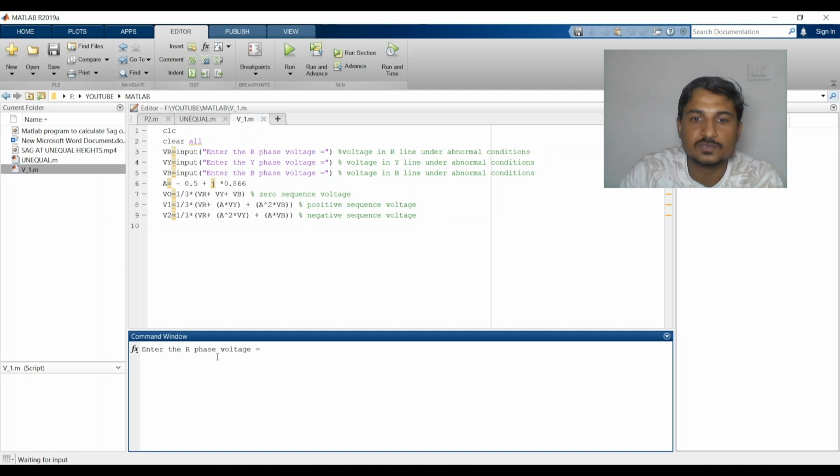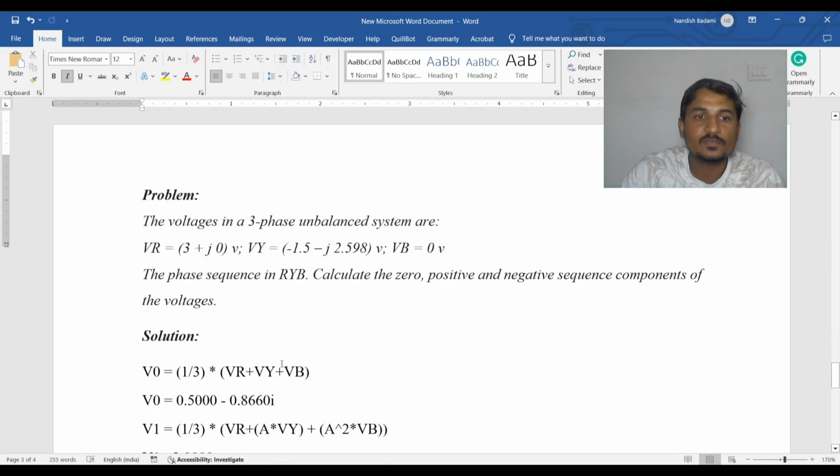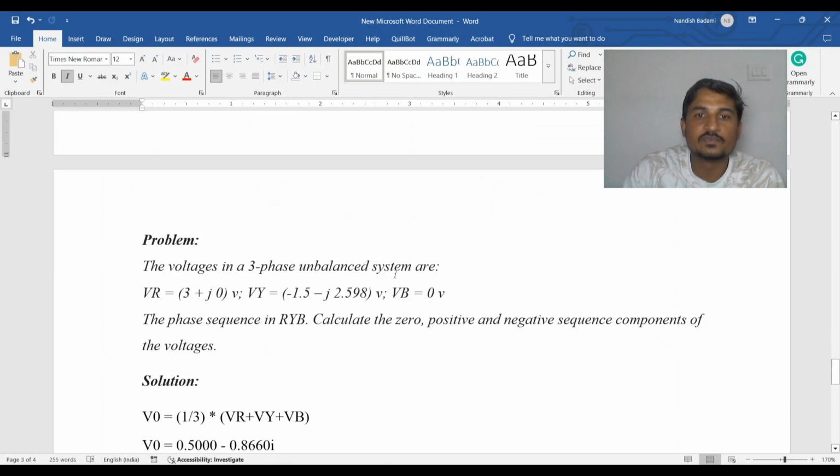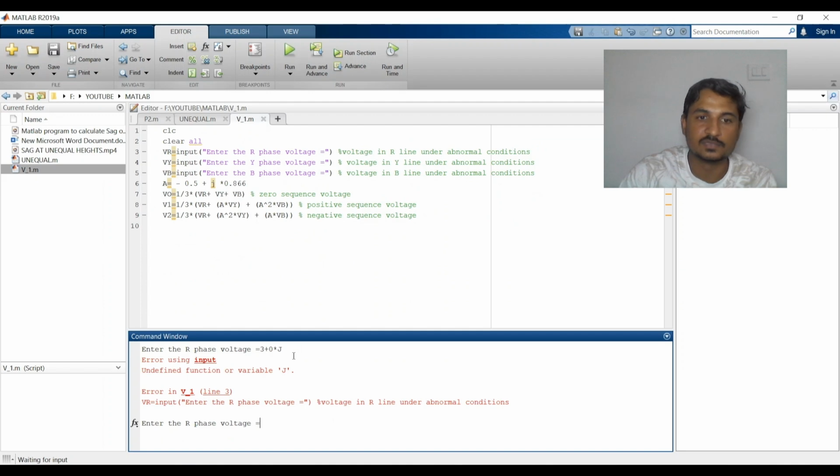Enter the R phase voltage. To enter the R phase voltage, we need some values. So let us consider a problem where the voltage in a three-phase unbalanced system, VR, is 3 plus j0. Let us type 3 plus 0j. The j value we should keep as a small letter.